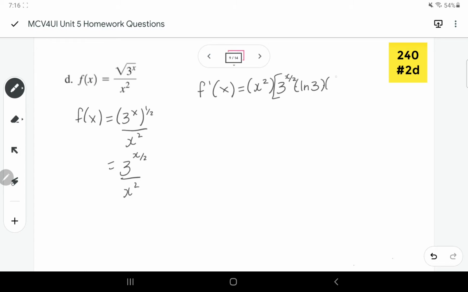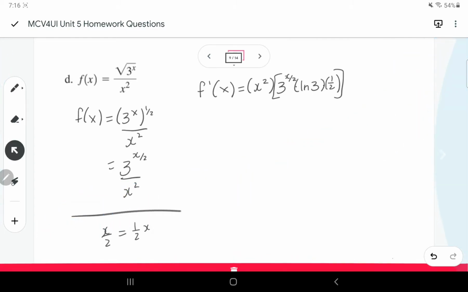So the derivative of x over 2, just a note, if you have x over 2, sometimes people see that a lot better to do the derivative of if they pull out the 1/2 in front as a coefficient. So the derivative of that is 1/2. So that's the first times the derivative of the second. And I'm going to scoot this out of the way.